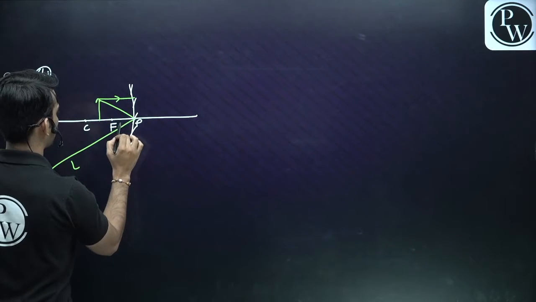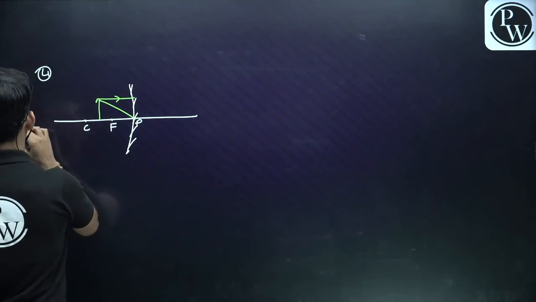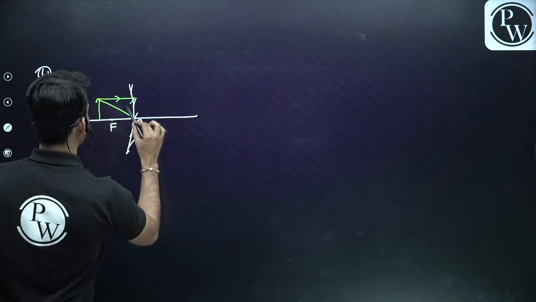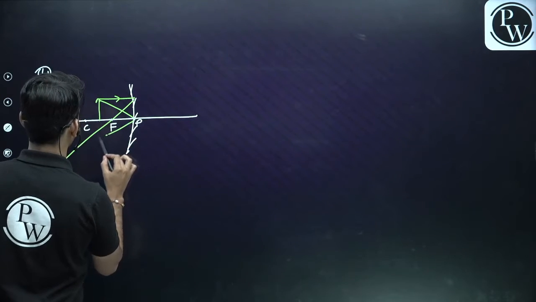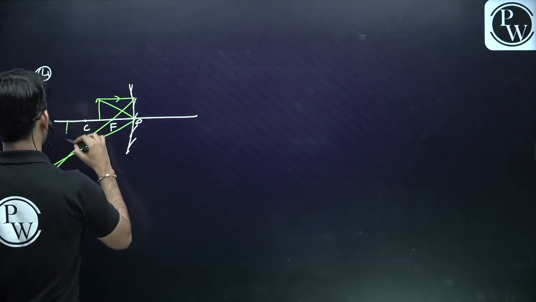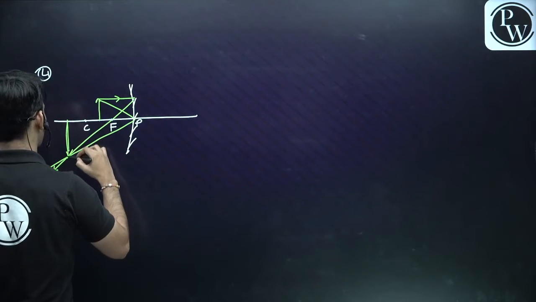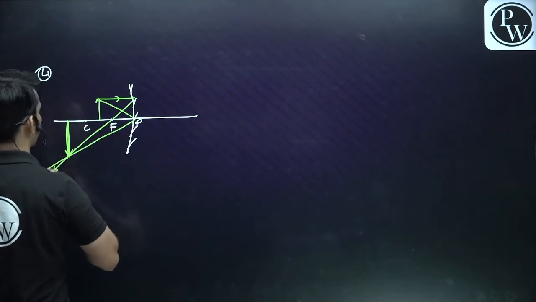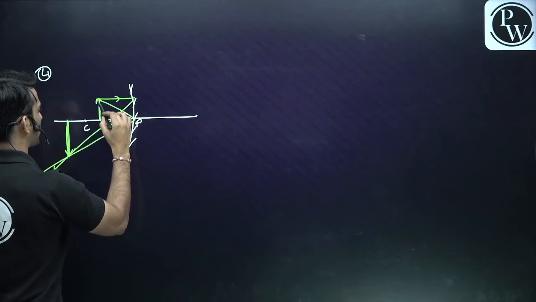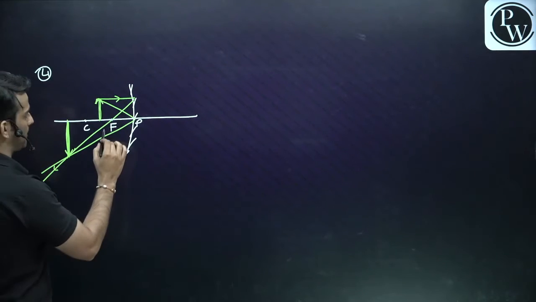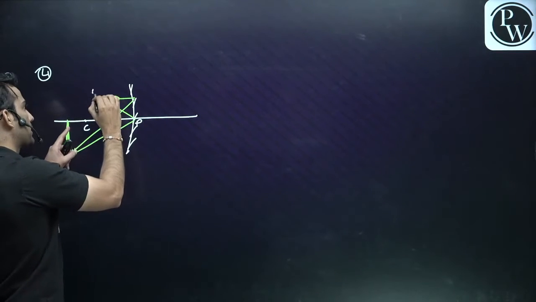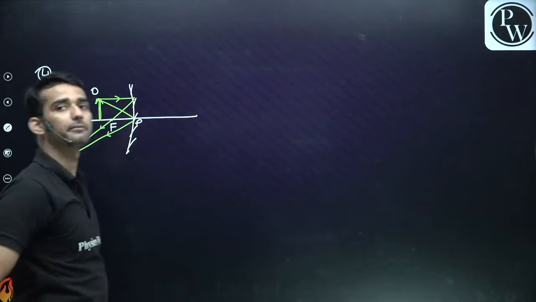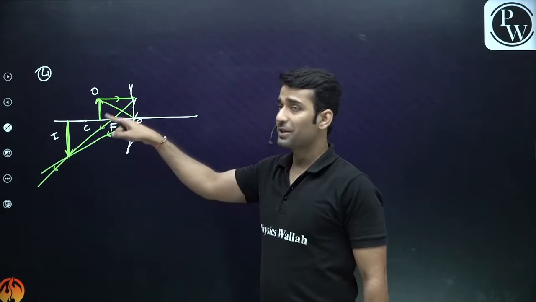Let me draw this again. So here the rays will be meeting like this, right? Here also. So basically this is our image formed, and this is our object. Clear? Okay guys, so you can see here this is the object and this is the image.